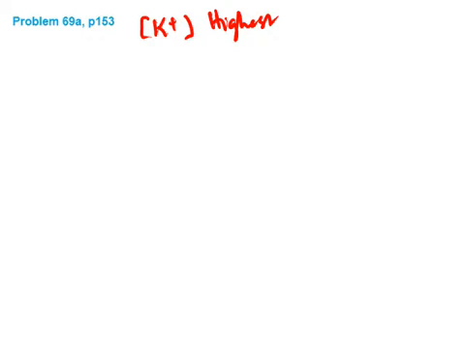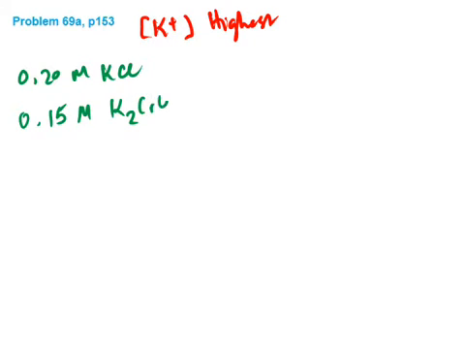So let's write down those. 0.20 molar KCl, 0.15 molar K2CrO4, potassium chromate, and 0.080 molar K3PO4.